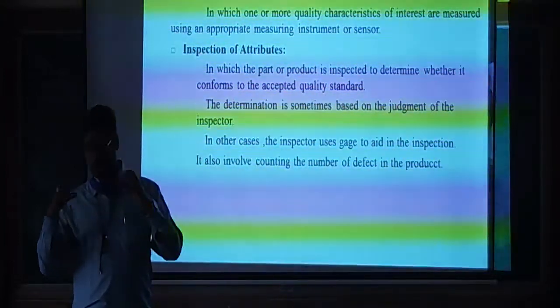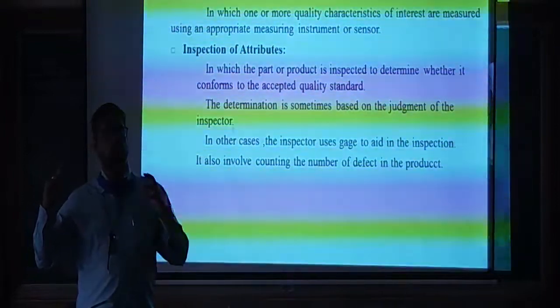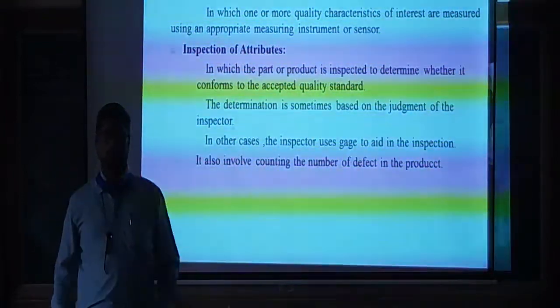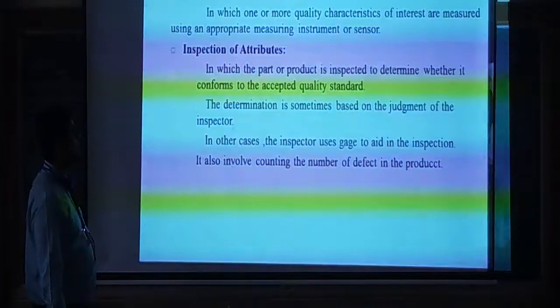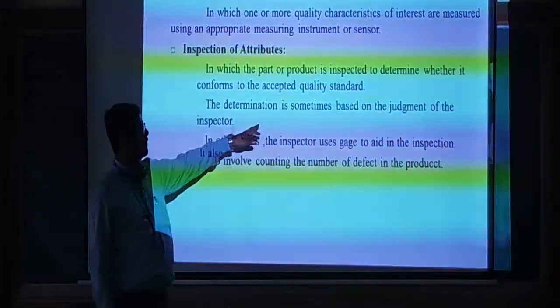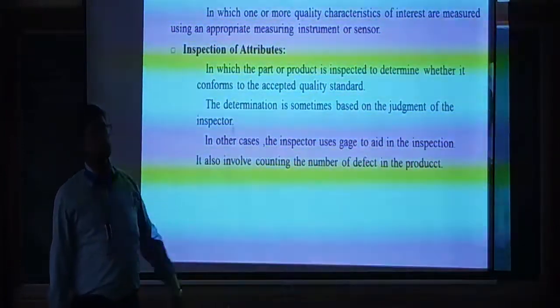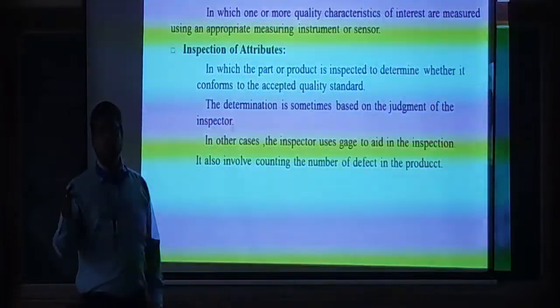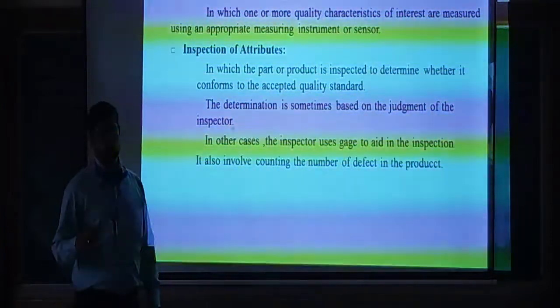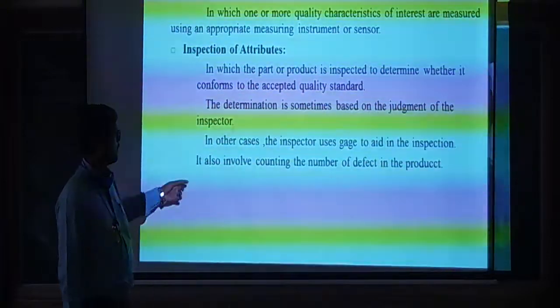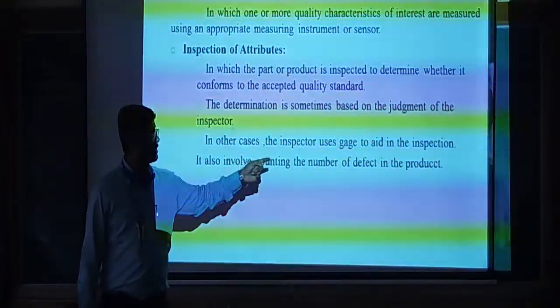He knows the gauge's upper and lower limit and the part's upper and lower limit, but whether it answers or not, that decision is sometimes based on the judgment of the inspector, whether to confirm or non-confirm it.